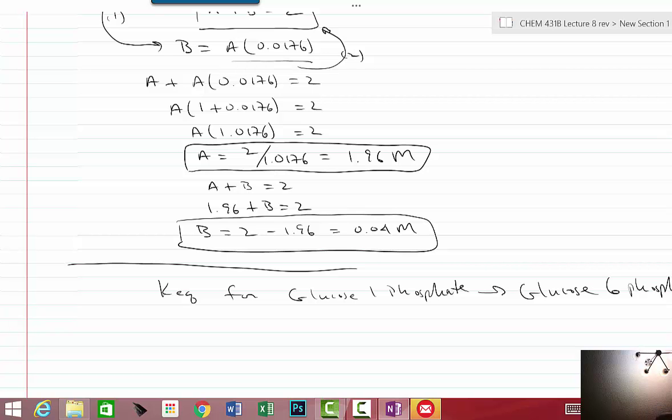I'm going to abbreviate this to make it easier to write. We'll abbreviate glucose as GLC, the phosphate that's bound to glucose as just a P, and we'll abbreviate this as GLC 6-phosphate.